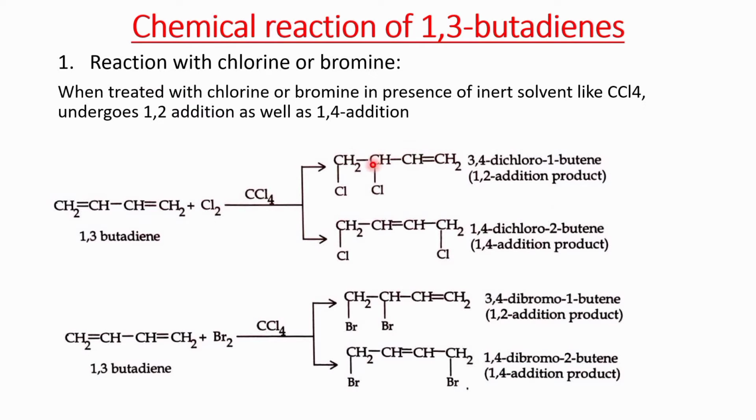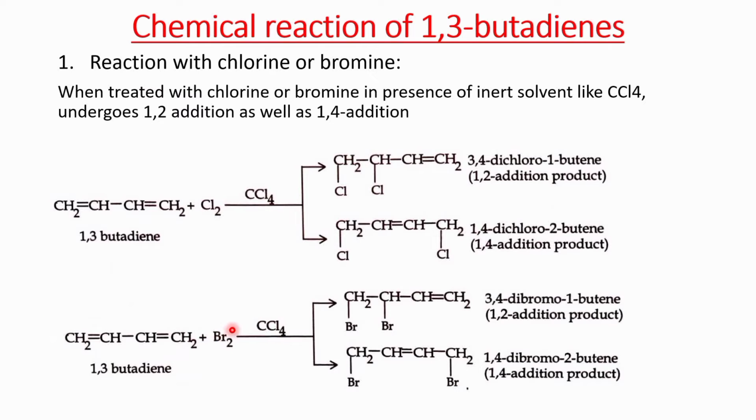This is the first carbon, second carbon, third carbon, and fourth carbon. So at the third and fourth positions, this chlorine gets attached. This is called 1,2 addition. Then from here, it is adding at the first and fourth positions. So this is called 1,4 addition, and this forms 1,4-dichloro-2-butene.